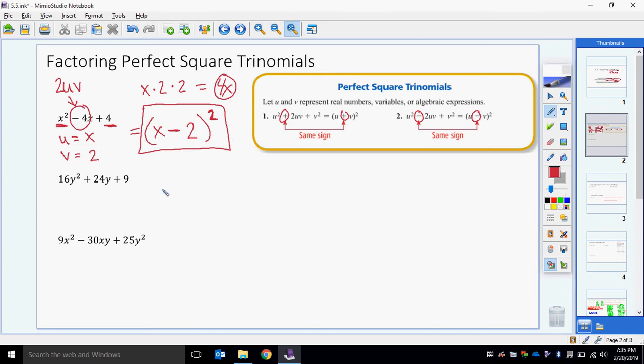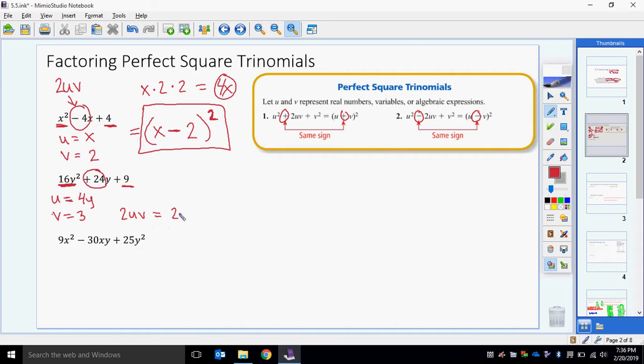Okay, sometimes it's hard to recognize perfect square trinomials, but I always like to look at my first and my last, make sure first of all, are these things being squared? Yes, they are. The first thing being squared is the number 4 and the letter y. Second thing being squared is the number 3. But it's not a perfect square trinomial unless this middle term can be found by taking 2 times u times v.